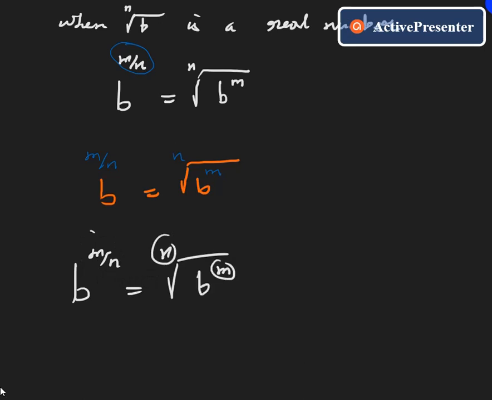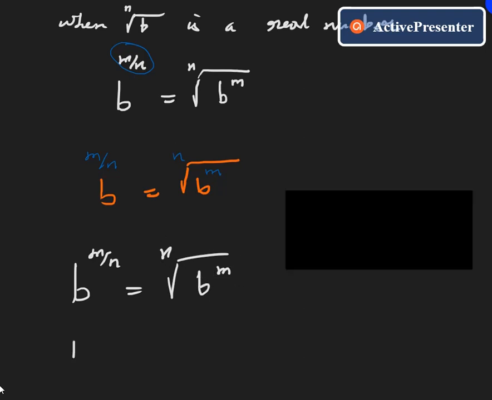This is how you proceed. Or you can put it like this: b to the power m over n equals, of course, here n, we flipped this first, and here b, without putting m here, we just put it there. We are done. This formula should stick in your mind.